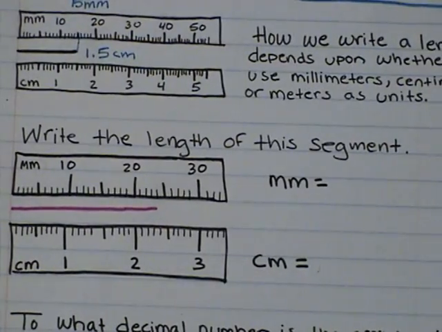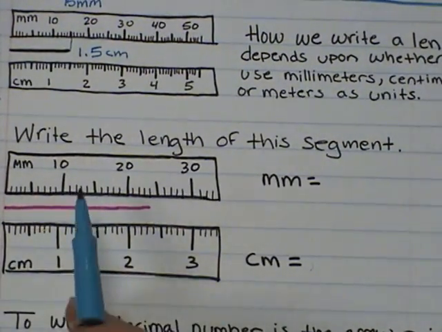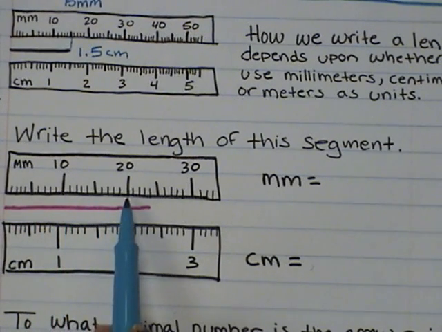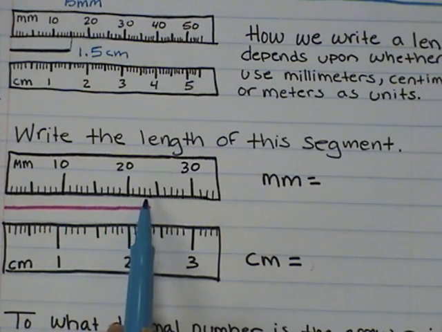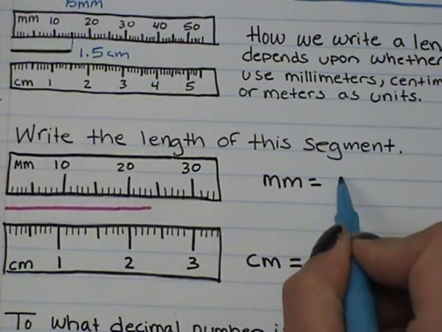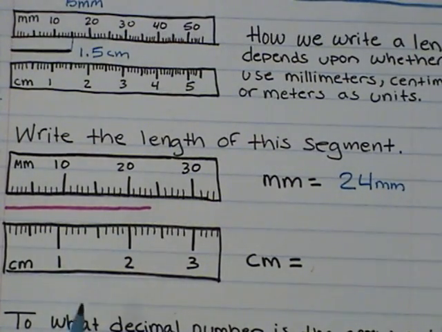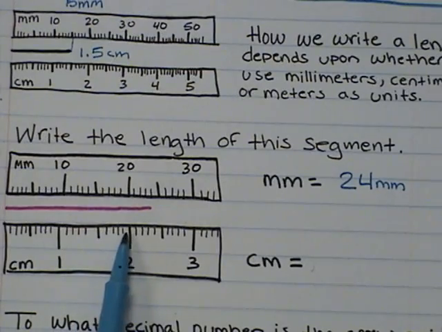Alright, so if we go just with millimeters, we know we have 10, 20, 21, 22, 23, 24. So we're going to write 24 millimeters. Now if I come down here, for my centimeters, I have 1, 2, but not quite 3.